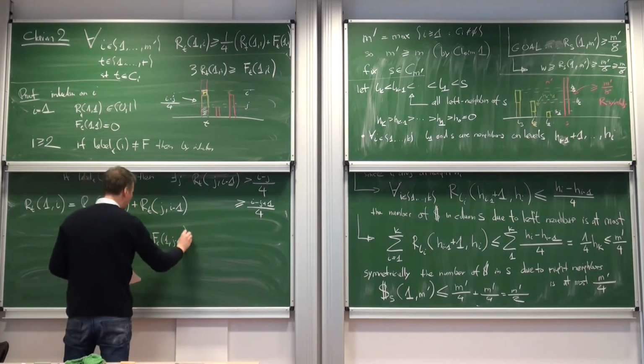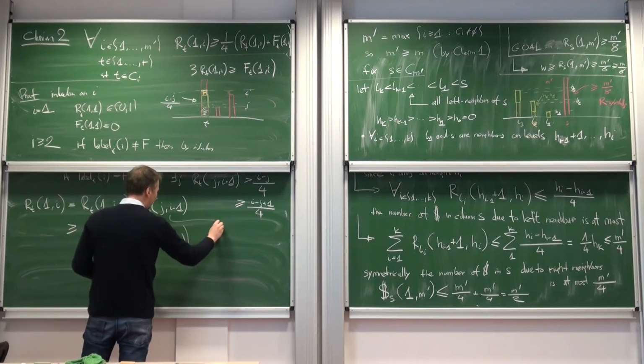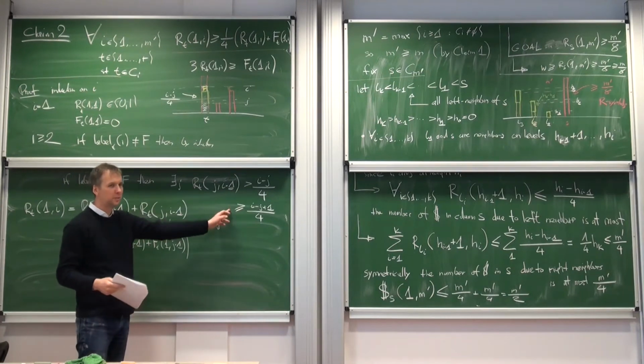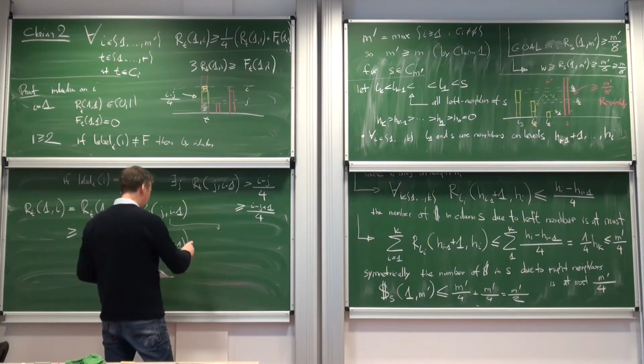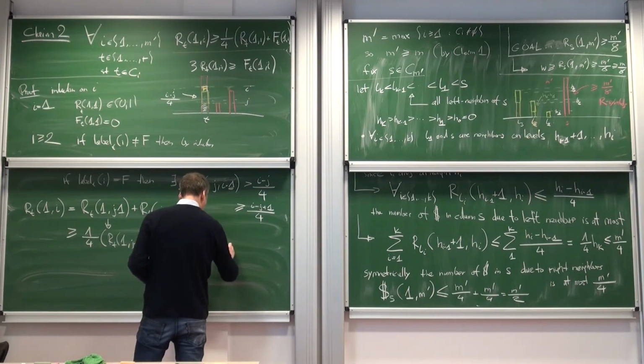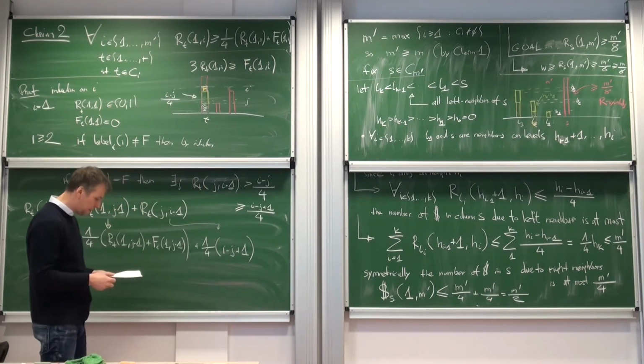Yeah? And now here, we just use the fact that there are lots of r's in this box, yeah? So we just put 1/4 of the size of this, of the +1 that we noticed.